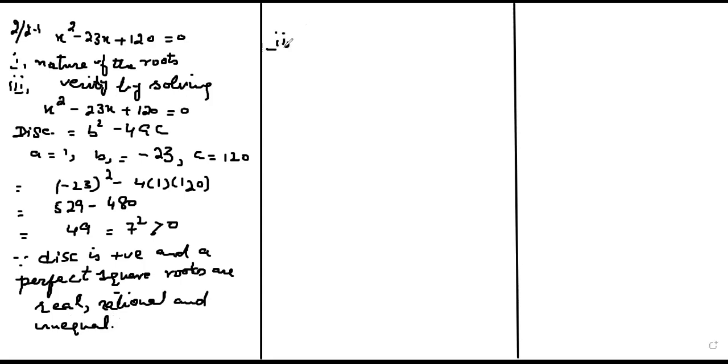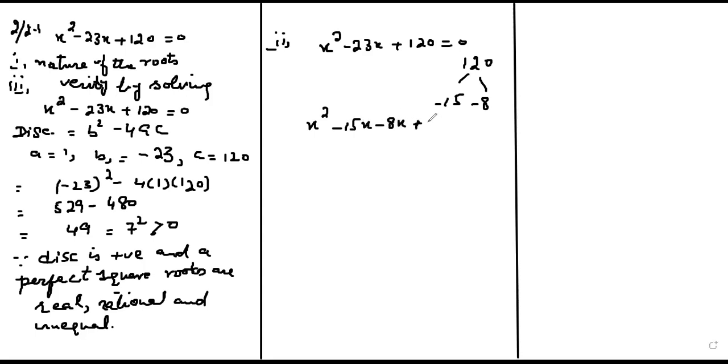For number 2, for the verification, we solve it. So the equation is x squared minus 23x plus 120 equals to 0. We can do it with the factorization. So 120 can be factorized in 15 and 8 to get 120. So we have x squared minus 15x minus 8x plus 120 equals to 0.